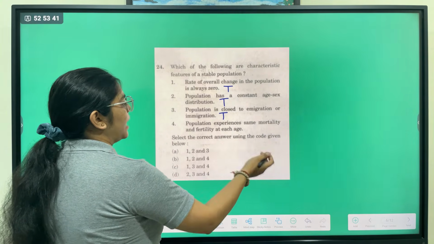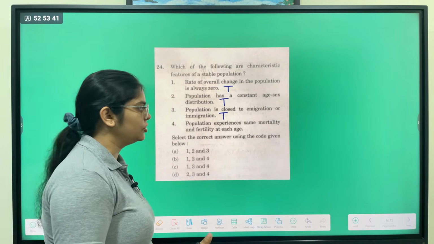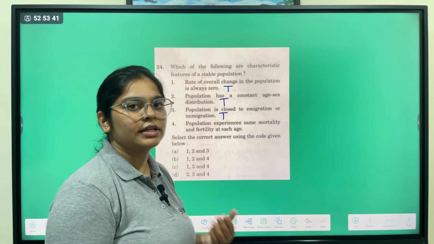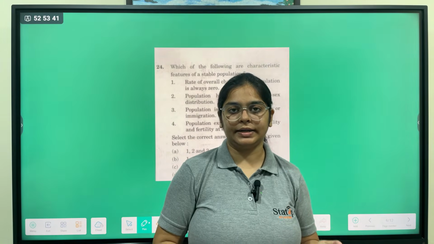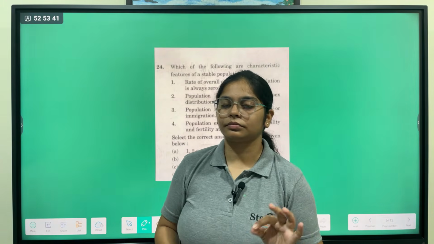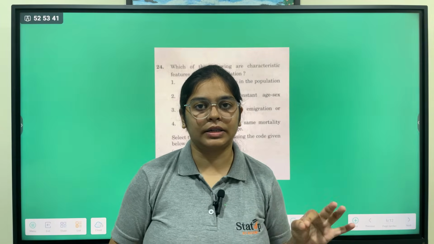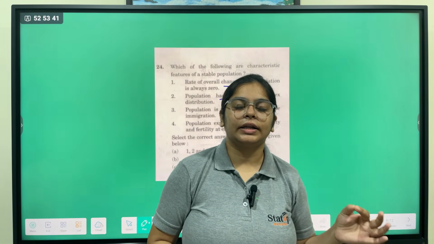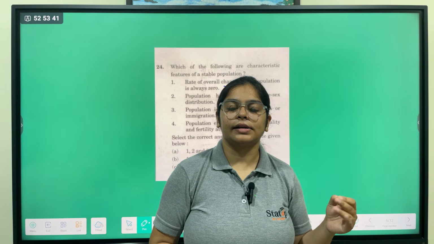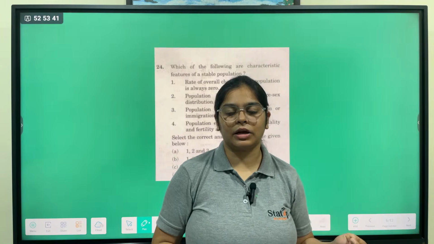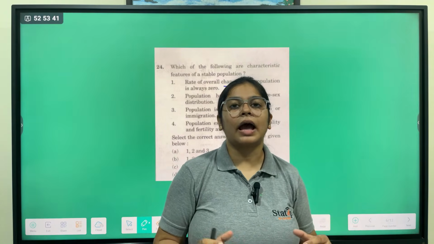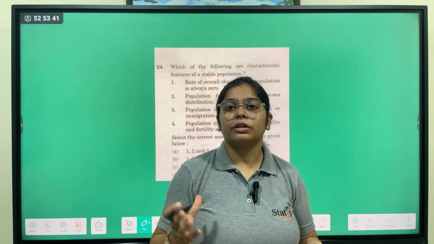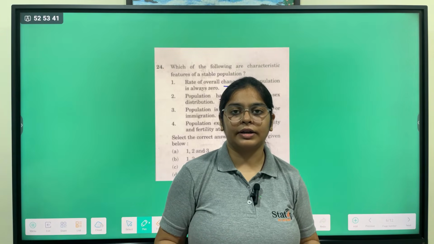Population experiences the same mortality and fertility rate at each age, no. Suppose in this year the mortality rate is 51 per thousand people and the fertility rate is 125 per thousand people. It doesn't mean that next year the mortality and fertility rates will remain the same.